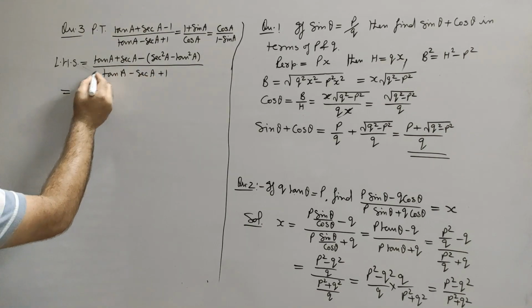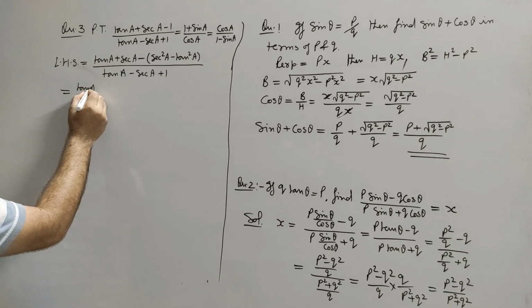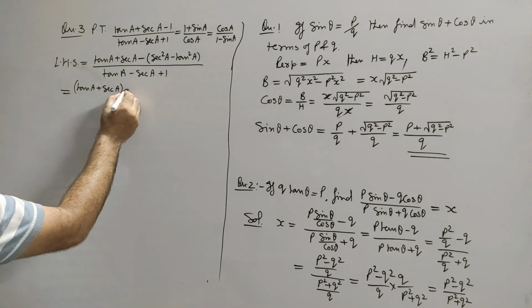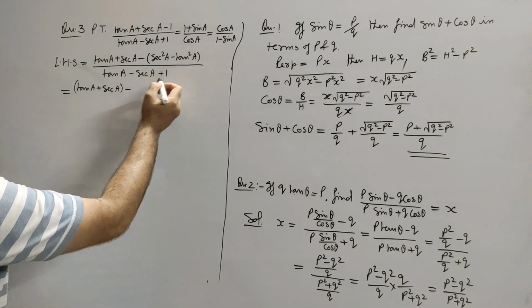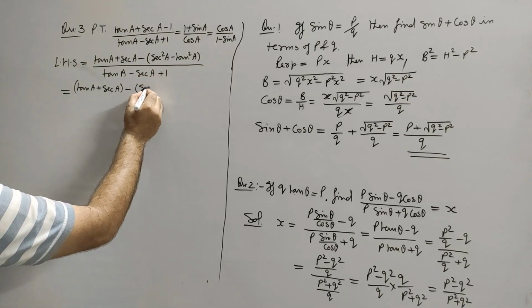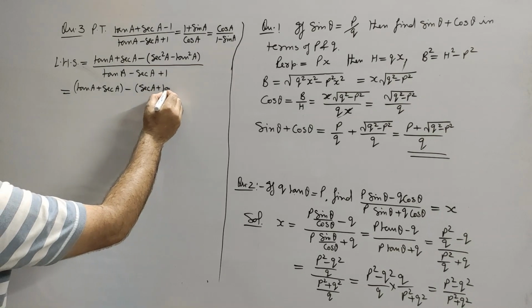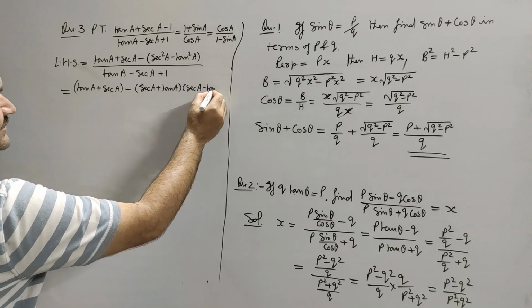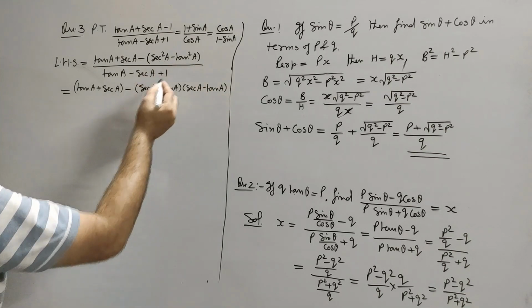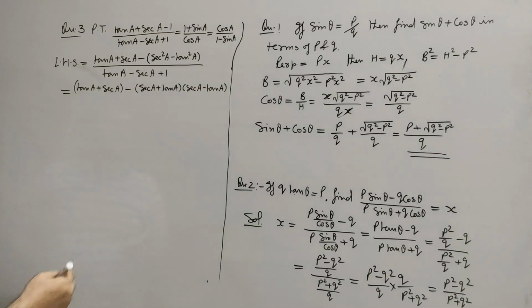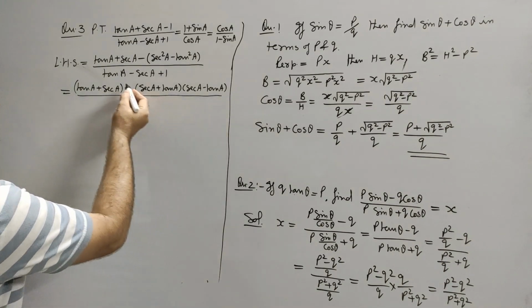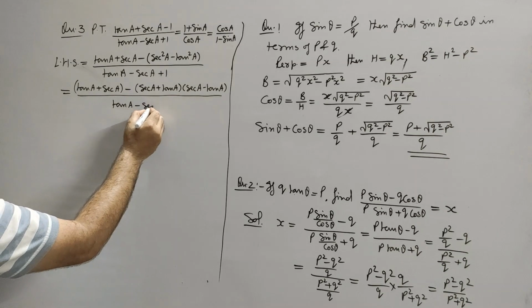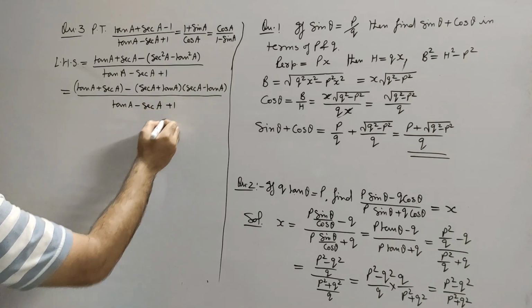This will be equal to tan a plus sec a minus, sec square a minus tan square a will become sec a plus tan a into sec a minus tan a, by a square minus b square is equal to a plus b into a minus b, upon the denominator, which will remain as such, tan a minus sec a plus 1.